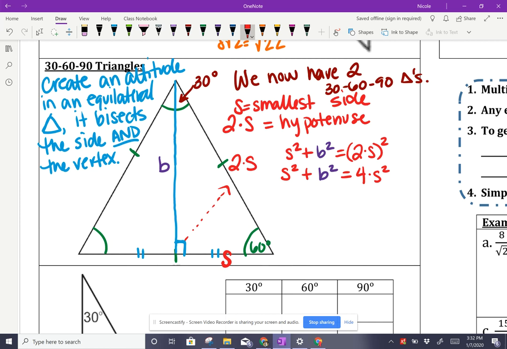And I'm going to move things over to one side. So subtract S squared, subtract S squared, and we get B squared equals 3S squared. And I want to get this again without the squares, so I'm going to square root both sides.